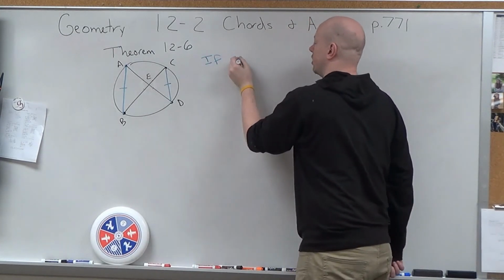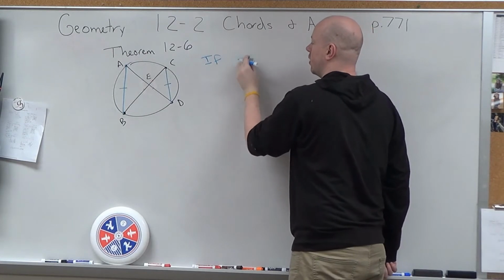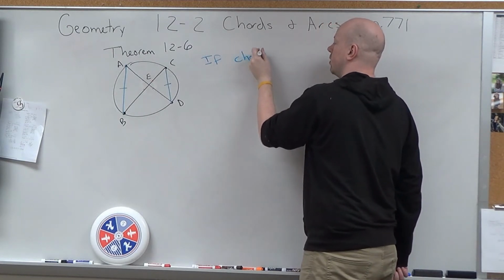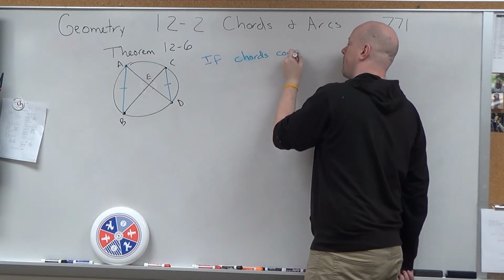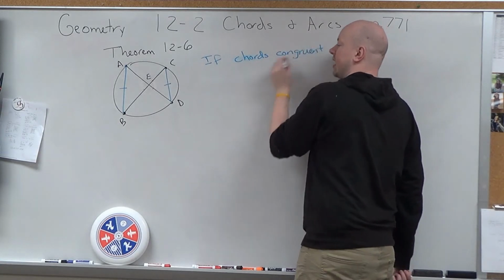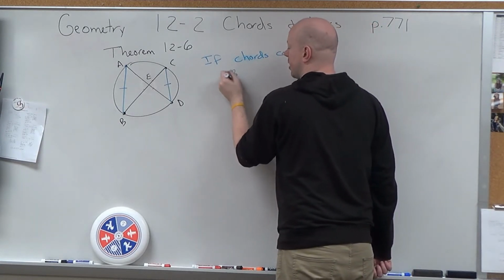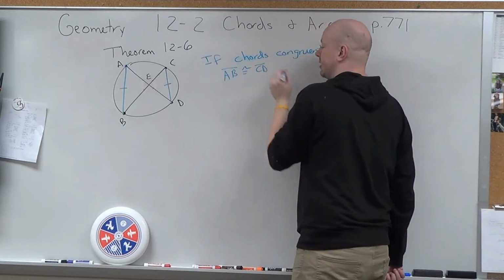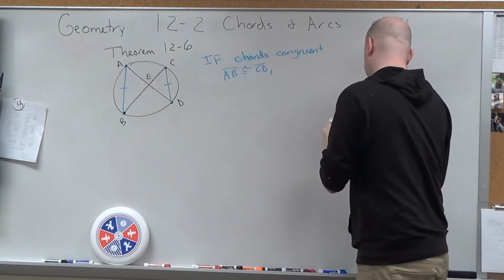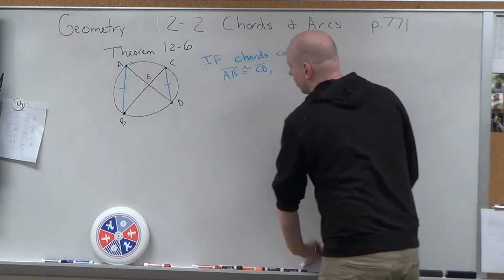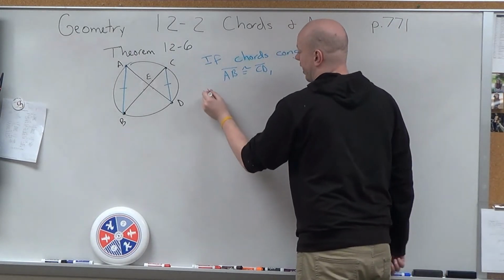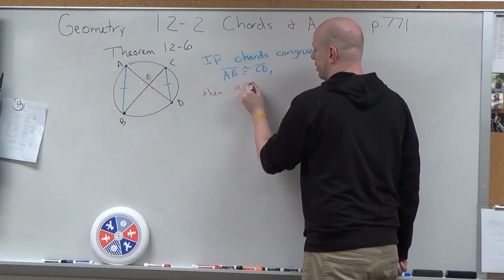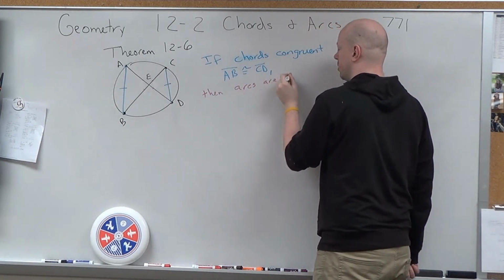If my chords are congruent, so in this case, AB is congruent to CD segments, then my arcs are congruent.